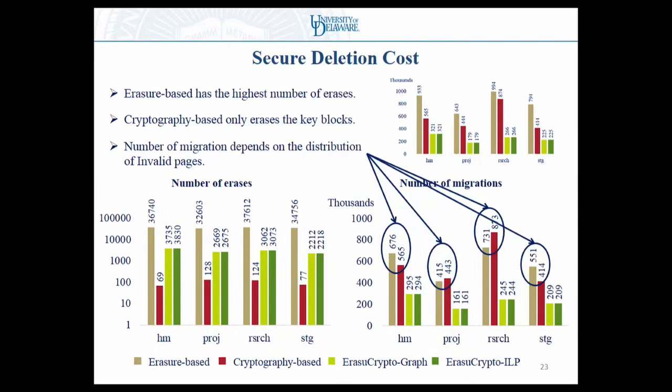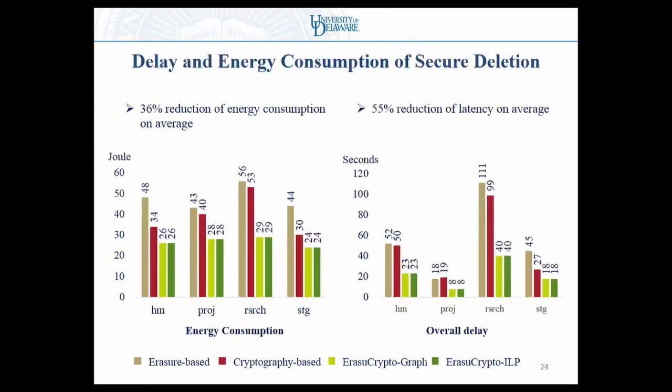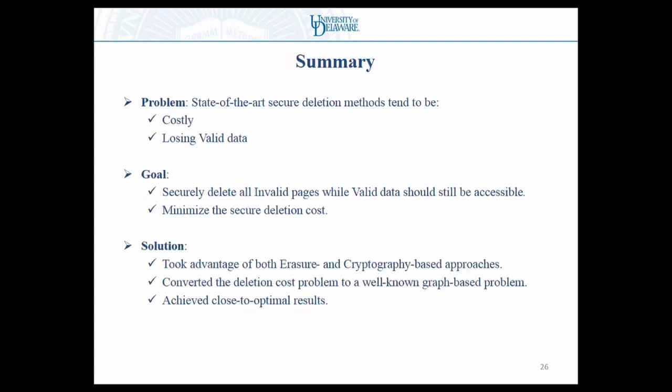You can have different values for the two schemes, but for us it's always getting the best results. And if I want to translate these to energy and latency, you can see that we can get 36% of energy reduction and 55% of latency reduction.